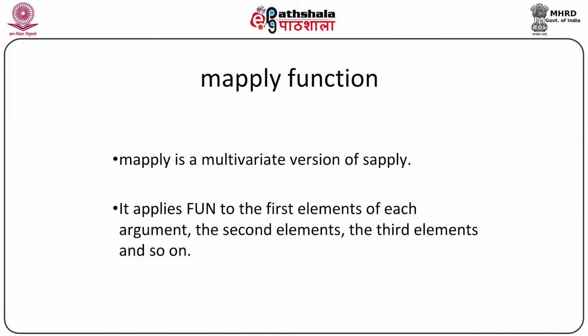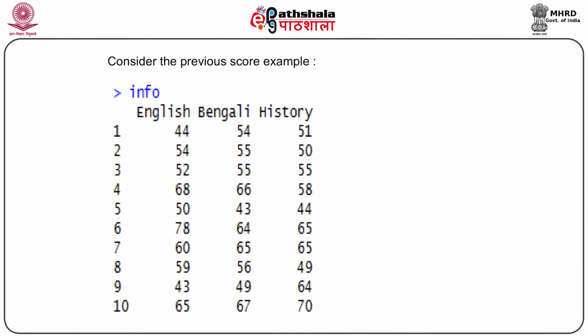In this discussion, let's start with the mapply function. Mapply is a multivariate version of sapply. It applies the function to the elements of each argument starting from the first one. Here again, we are considering the same example that had been considered in the previous module.